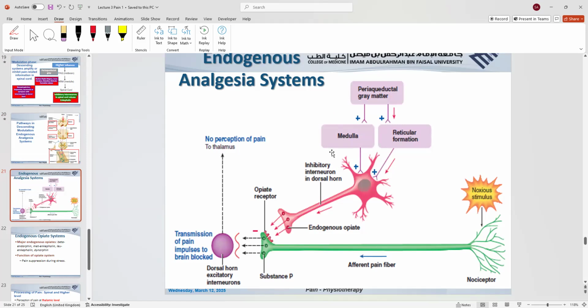So no perception of pain. Some of this enkephalin also acts on the second order neuron, these dorsal horn excitatory neurons, and makes it less excitable. So this is how the endogenous analgesia system works.